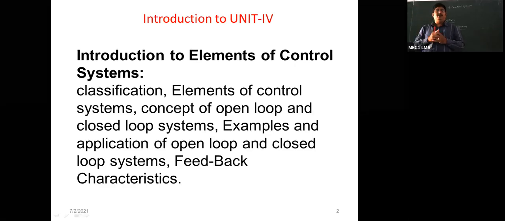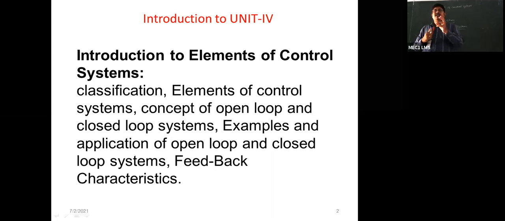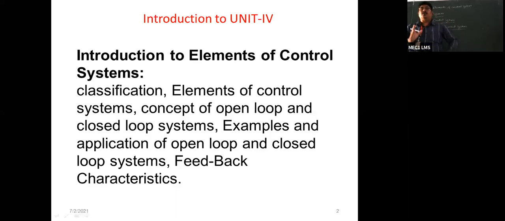That means according to our requirement, we change the output of that particular system to our desired output. Here the regulator is a device which controls the system output variable. That is called a control system.